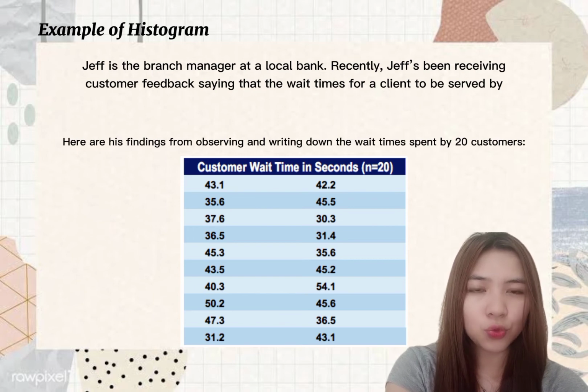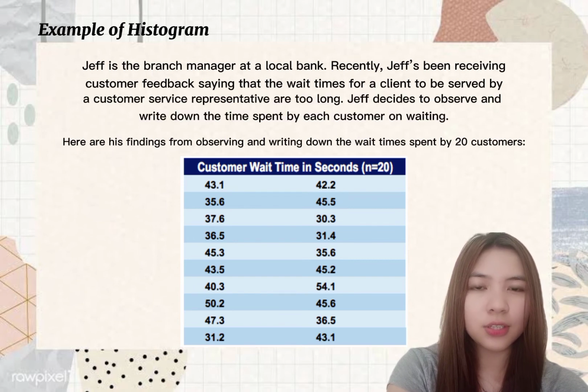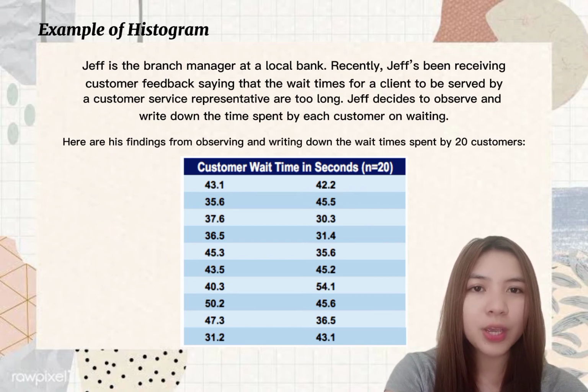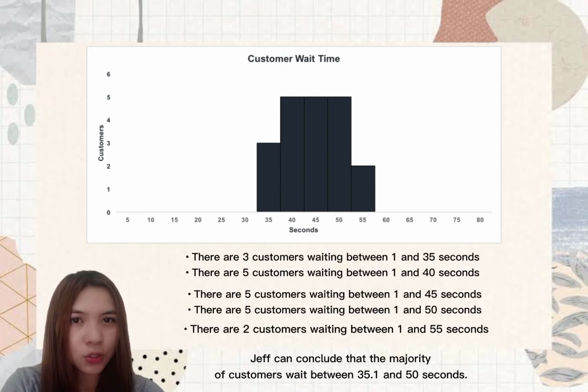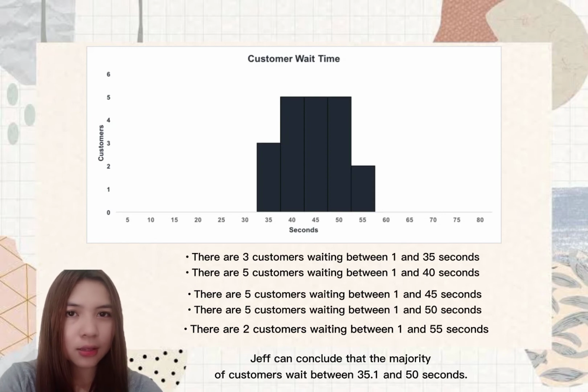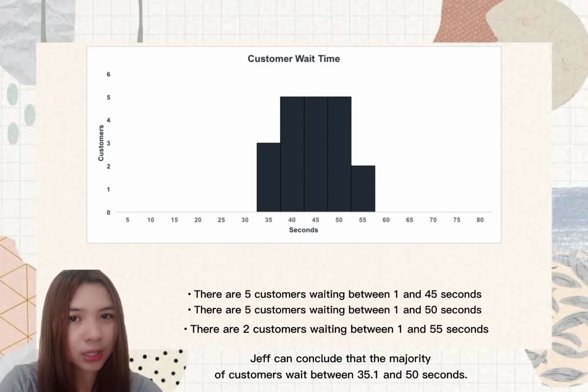Jeff decides to observe and write down the time spent by each customer waiting. And here are his findings from observing and writing down the wait times spent by 20 customers. The corresponding histogram with 5-second bins would look like this. We can see that there are 3 customers waiting between 30 and 35 seconds.